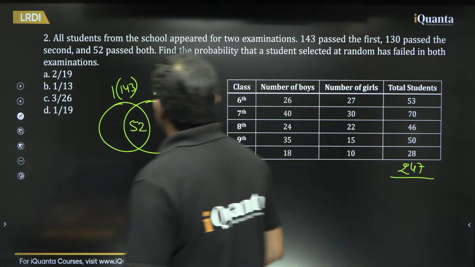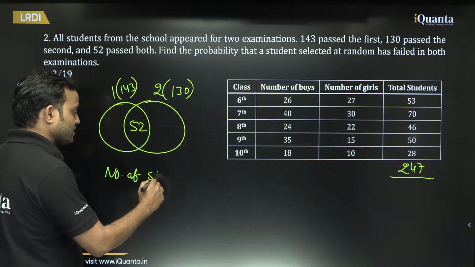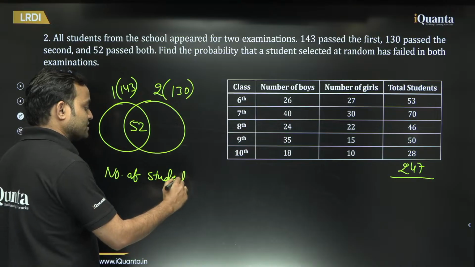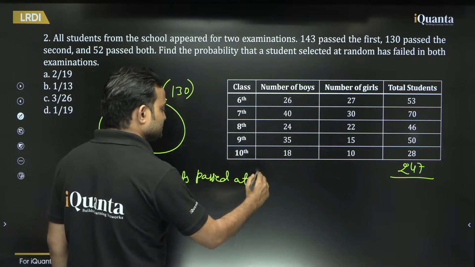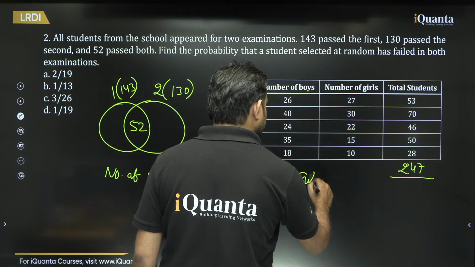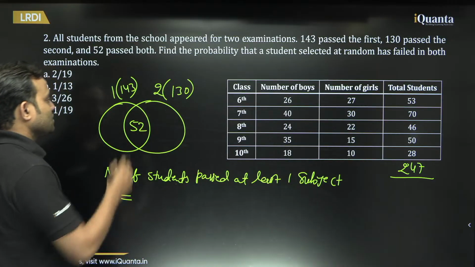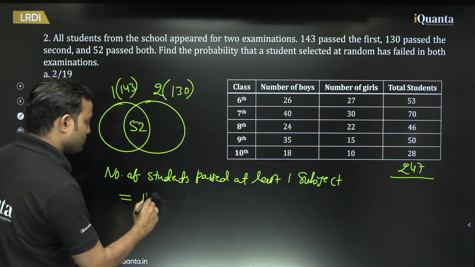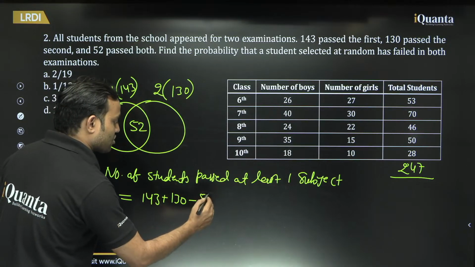Can I say the number of students who passed at least one subject will be equal to 143 plus 130, and these 52 are common in both.